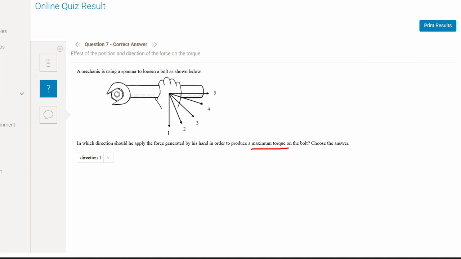And secondly, the direction of the force. The closer it is to being perpendicular to the lever arm, the more the turning effect. So here it will be 1, since it is in fact perpendicular. It will give you the maximum turning effect, and that's all you need to know.